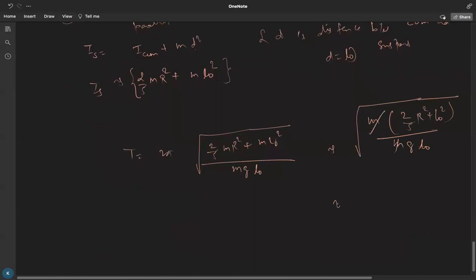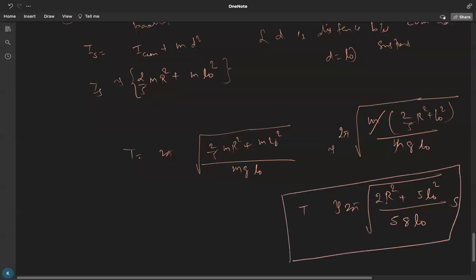The m's get cancelled. You can write 2r square plus 5 L naught square divided by 5g L naught. I hope 2 pi is missing, so yeah, this is our time period: 2 pi root under 2r square plus 5 L naught square by 5g L naught.